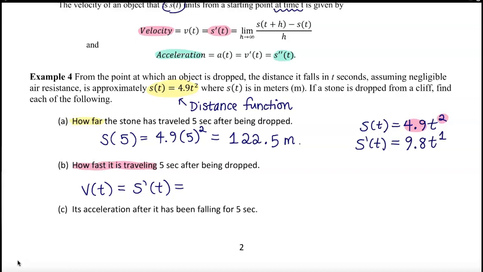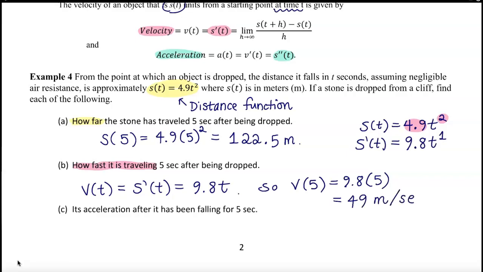So that's the first derivative, the velocity function. So velocity at time 5 is simply 9.8 times 5. This is how fast it is traveling. If I multiply 9.8 by 5, I get 49. And let's be careful with the unit: meters per second. That is how fast this particle is traveling at 5 seconds.